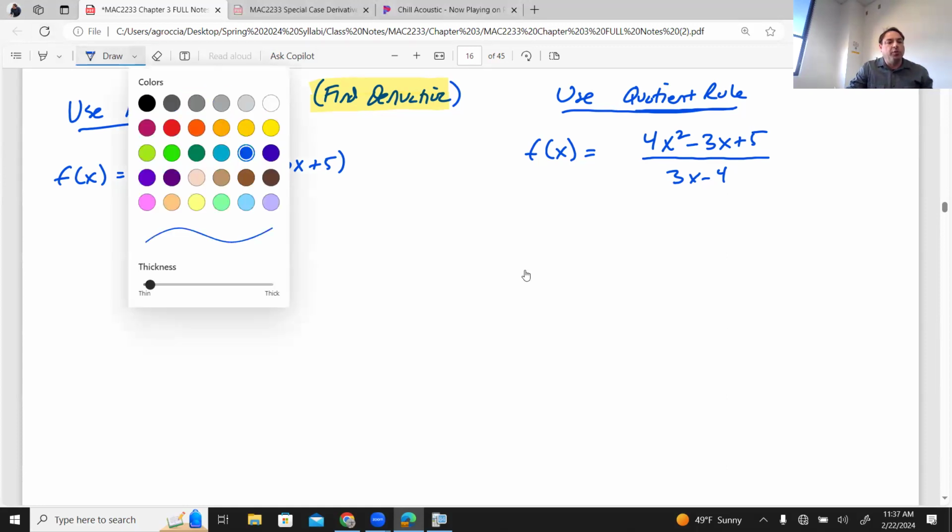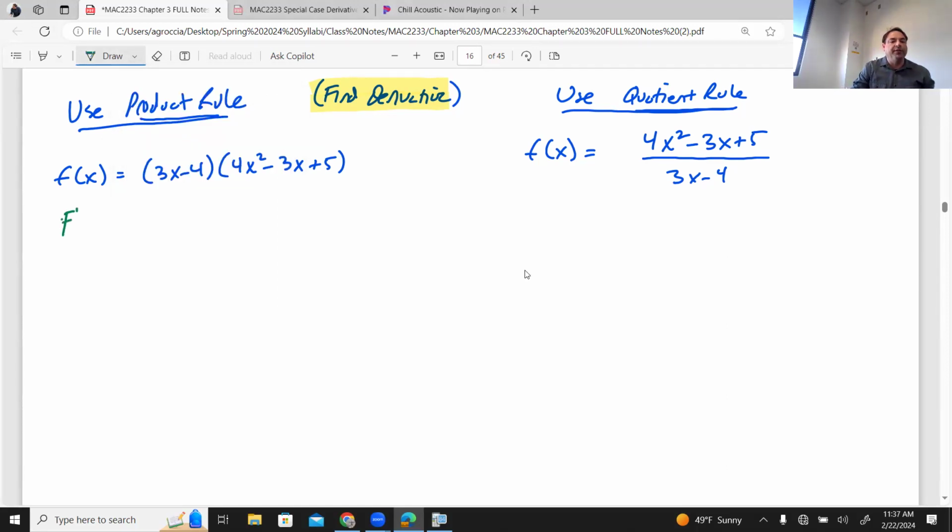So for the product rule, we first have to know what the rule is. So the rule is derivative of the first times the original second plus original first times the derivative of the second.